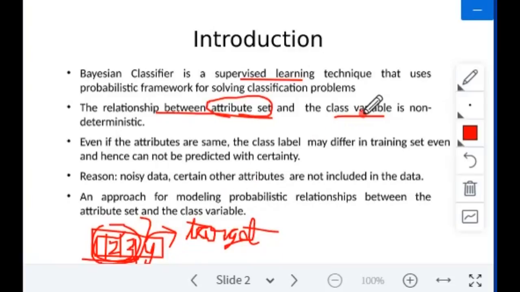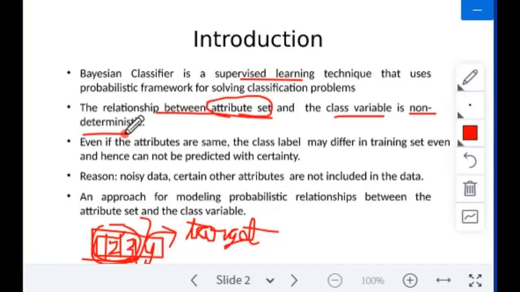In many applications, the relationship between the attribute set and the class variable is non-deterministic. Why is it non-deterministic? In other words, the class label of the test record cannot be predicted with certainty, even though its attribute set is identical to some of the training examples.